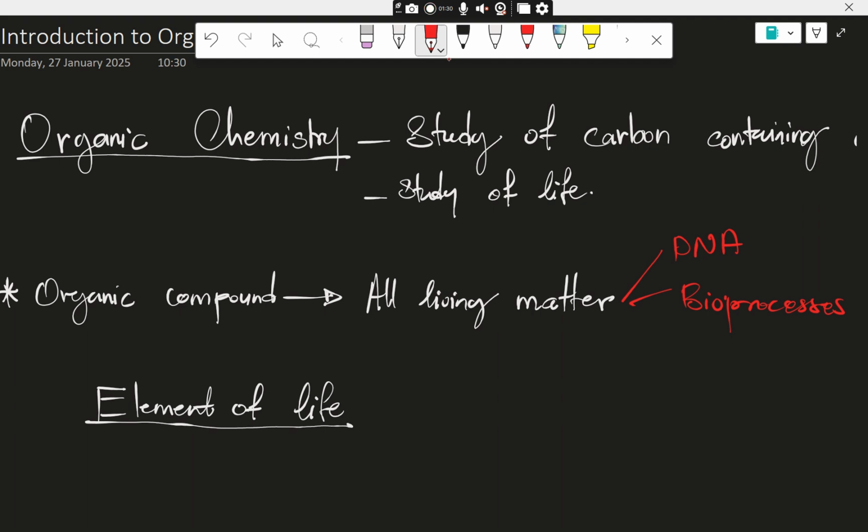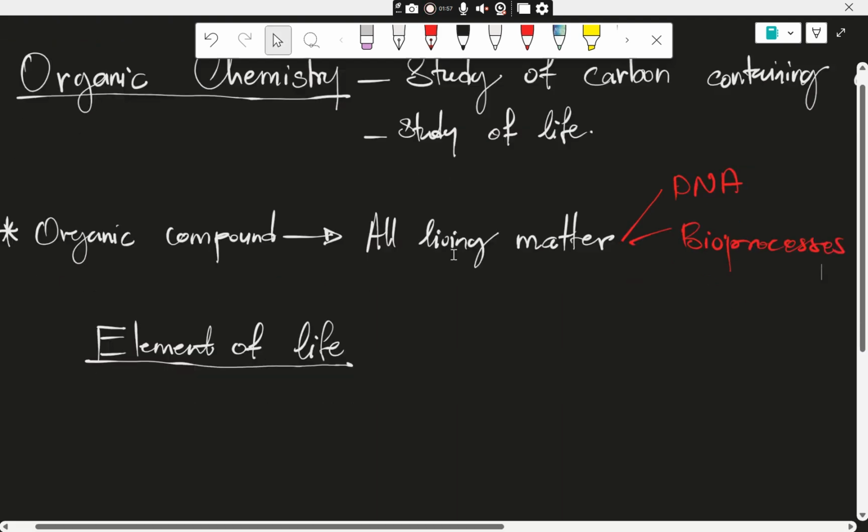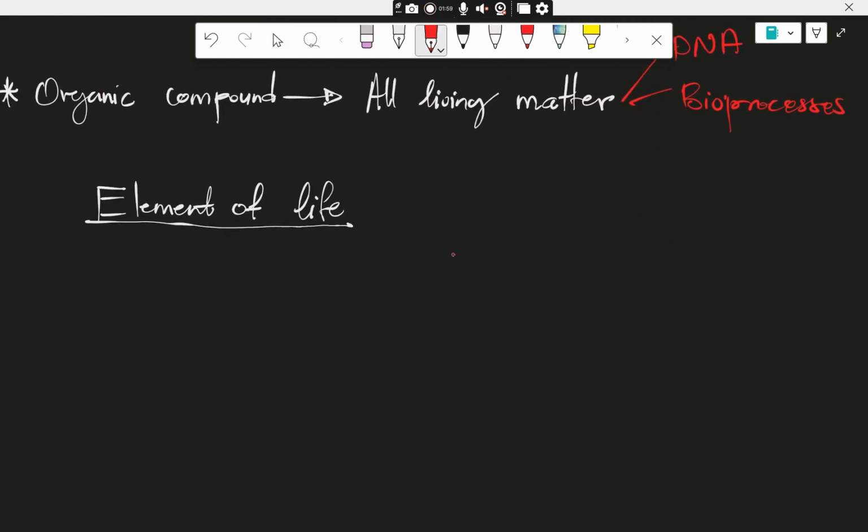So it's very essential to life, because DNA is essential to life, and the bioprocesses that occur, which produce energy and all kinds of chemical processes that are very essential to life, carbon is part of, right? So it's very important. That's why it's called the element of life, or rather the chosen element of life, right?